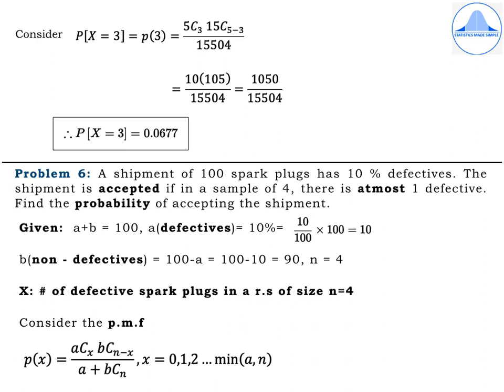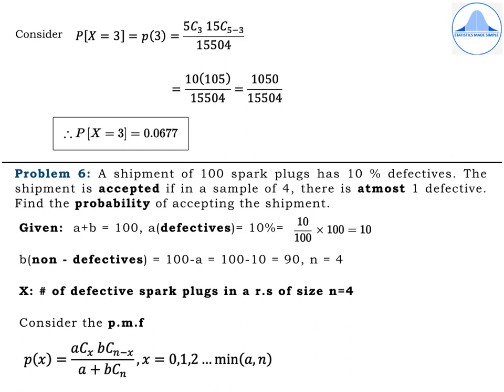So the probability of capital X equal to 3 is 0.0677. Problem 6. A shipment of 100 spark plugs has 10% defectives. The shipment is accepted if in a sample of 4 there is at most 1 defective. Find the probability of accepting the shipment.